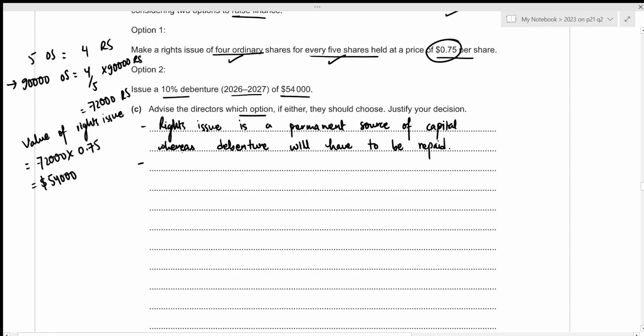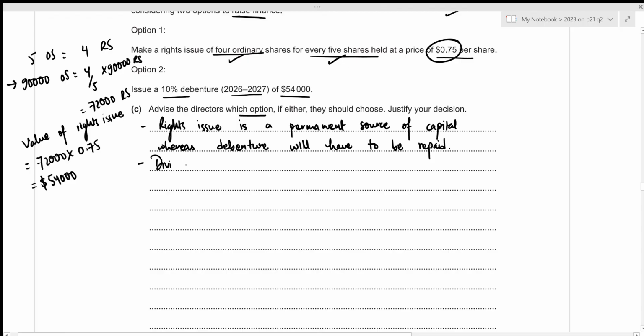Then the next difference is that dividend payment is discretionary, because if there's a loss in a particular year, then the company can choose not to pay any dividends, but that cannot be said for debenture, because interest must be paid regardless of whether the company is making a profit or a loss. Let's write it down.